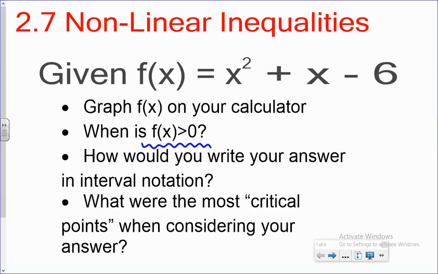It's supposed to say f of x is greater than 0, and we're looking at a graph. When is that? Maybe when x is less than negative 3. But why negative 3? Because that's when it crosses the x-axis.